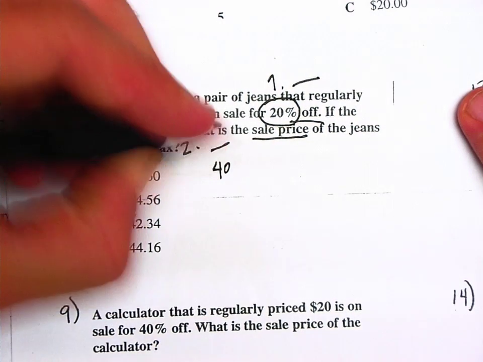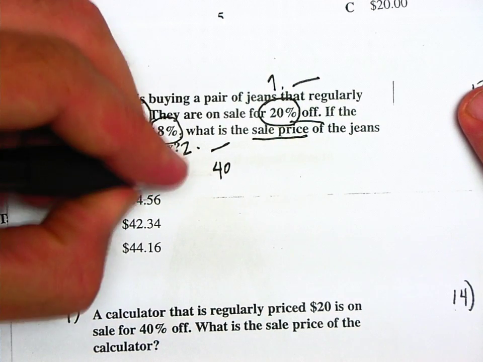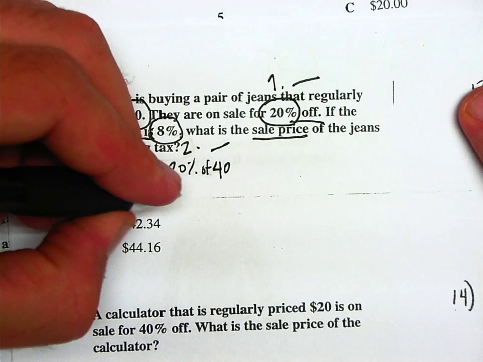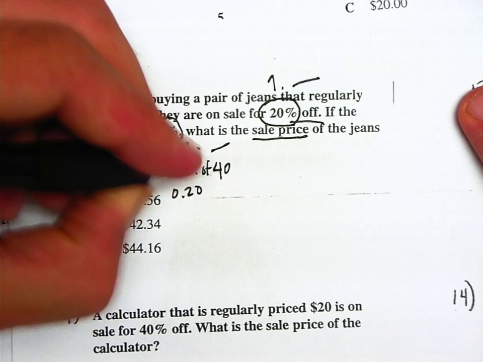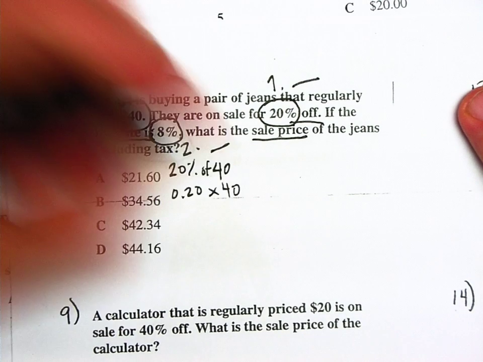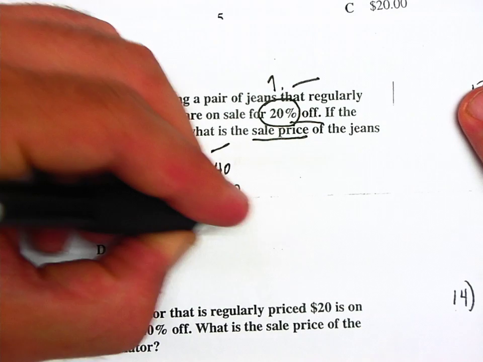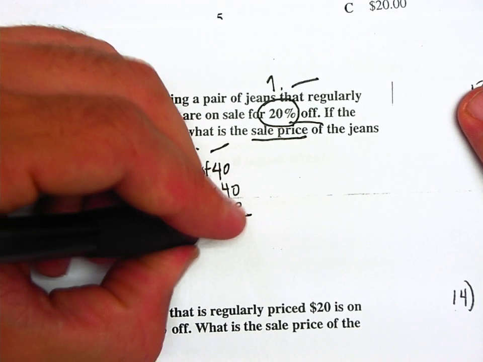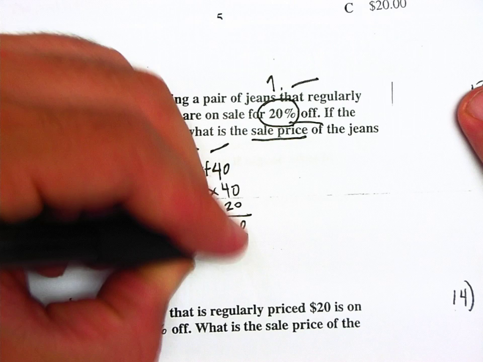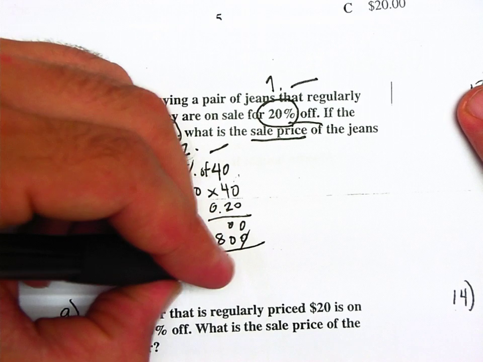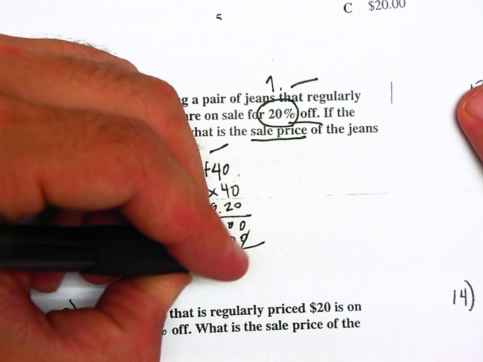So if I want to find 20% off of $40, I'm going to find 20% of 40, which is going to be 20 hundredths times 40. And I'll multiply 0.20 times 40, 0 times 0 is 0, 0 times 4 is 0, skip a spot, 2 times 0 is 0, 2 times 4 is 8. Add them together, I have 800.